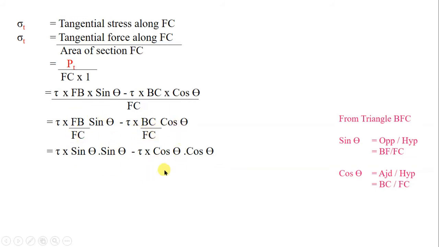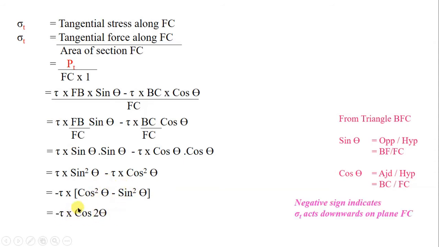So simplifying, we get tau into sin square theta minus tau into cos square theta. So here tau is common and there is a minus symbol. So we are taking minus tau outside, because in order to convert to the trigonometric formula, we are changing this. So it becomes minus tau into cos square theta minus sin square theta. We are changing because then we will get cos 2 theta, that is the trigonometric formula.